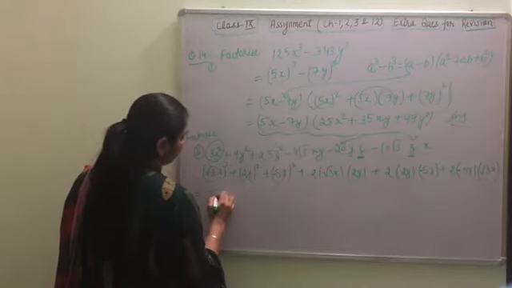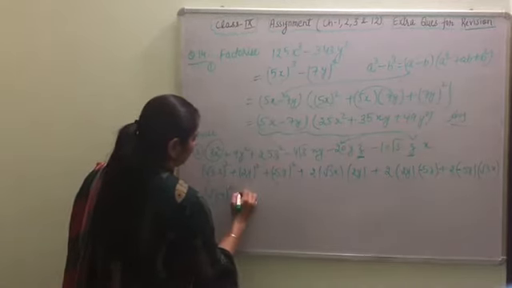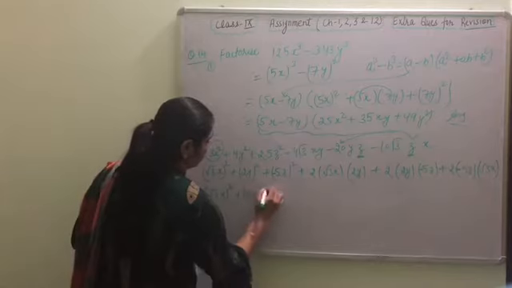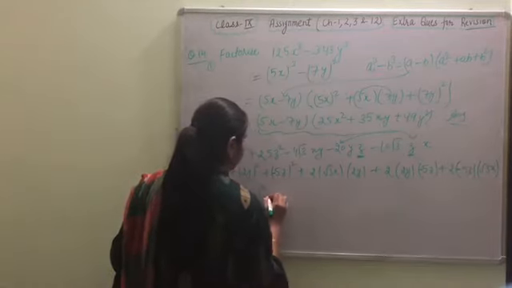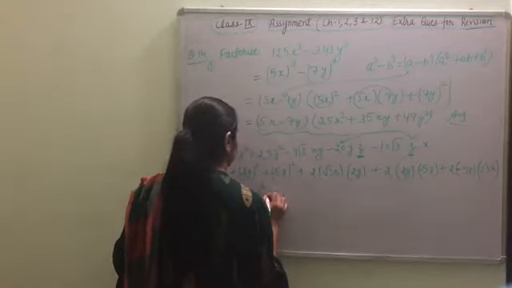It will be (root 3 x) square, (2y) whole square, negative sign, minus (5z) whole square.